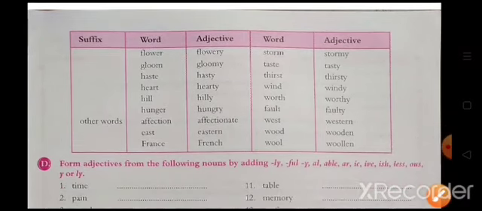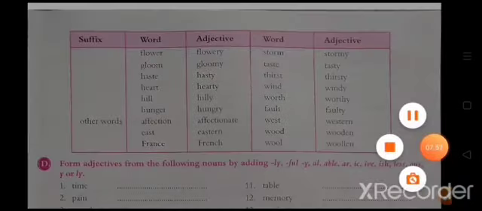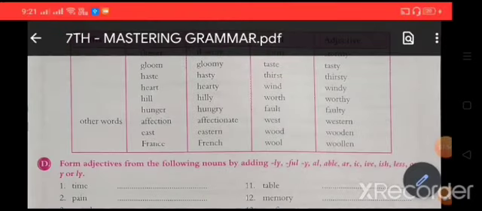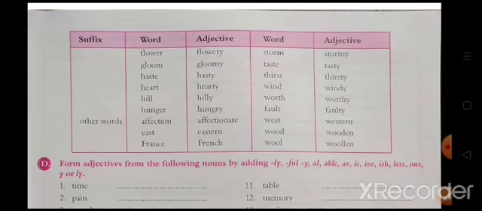Now suffixes and other words: flower, flowery, gloom, gloomy, haste, hasty, heart, hearty, hill, hilly, hunger, hungry, storm, stormy, taste, tasty, thirst, thirsty, wind, windy, worth, worthy, fault, faulty, west, western, wood, wooden, wool, woolen.